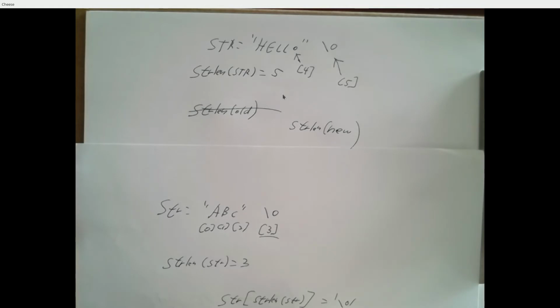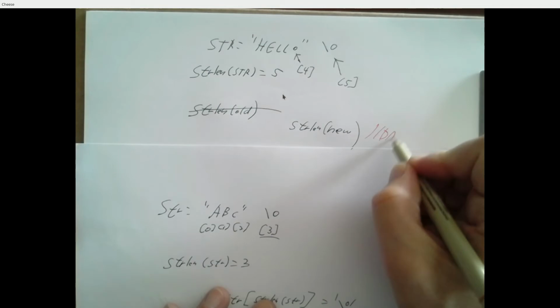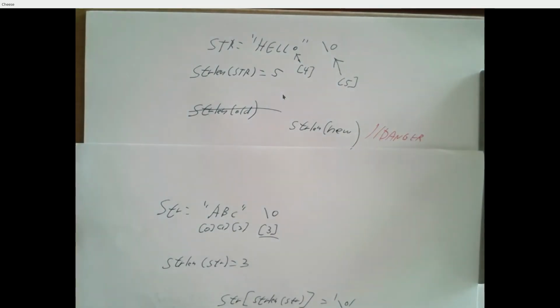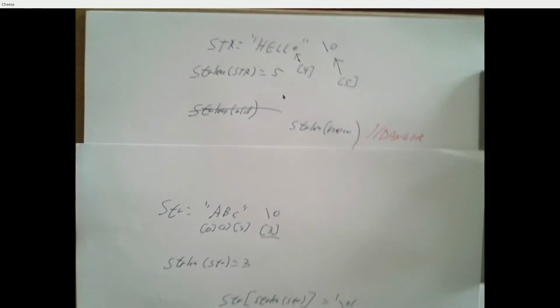It doesn't work unless you give it a null terminator. So, danger. Because logically we could say new[strlen(new)] equals the null terminator to put it into the last position, but string length of new doesn't work unless it's already got a null terminator in there. So just be careful about that. Other than that, it should be pretty straightforward.